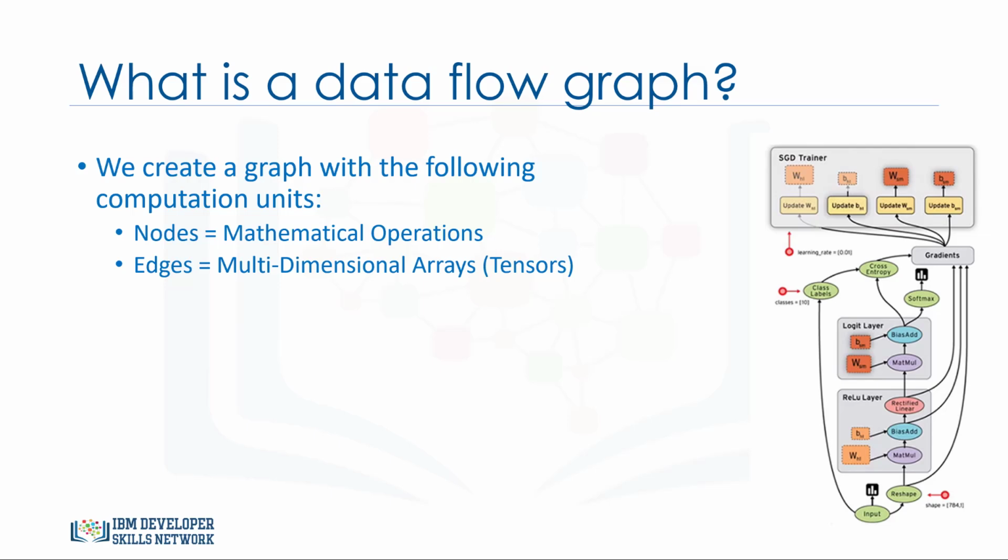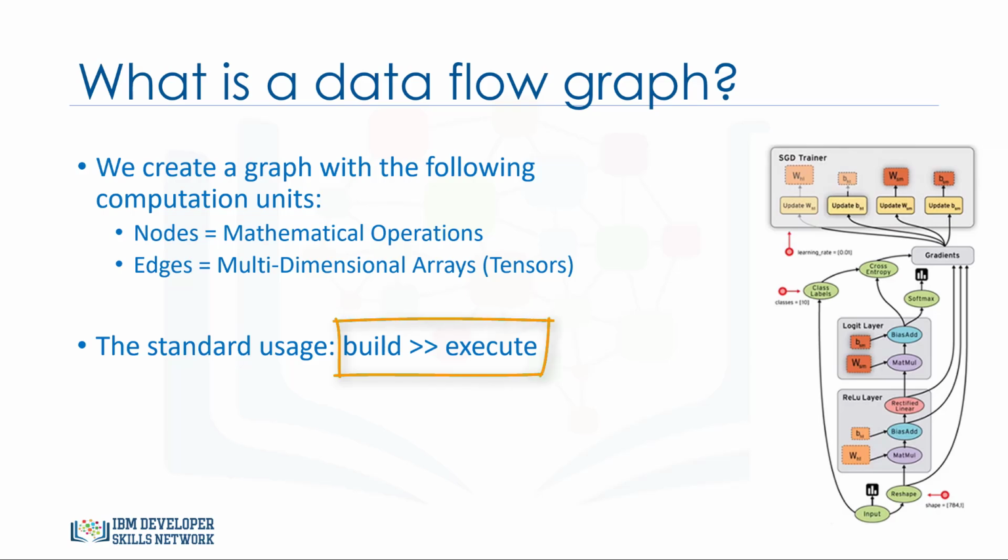So, this high-level abstraction reveals how the data flows between operations. Please notice that using the data flow graph, we can easily visualize different parts of the graph, which is not an option while using other Python libraries such as NumPy or scikit. The standard usage is to build a graph first and then execute it in a session.